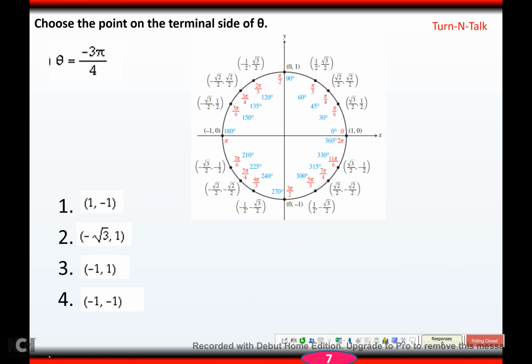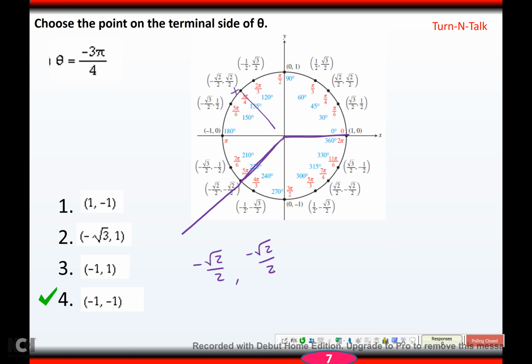Okay, do this one, hit pause, come back when you're ready. And hopefully you got negative 1, 1. So if I go to negative 3 pi over 4, here is positive 3 pi over 4, so if I reflect down, that's going to put me right here. So here's my terminal side, which has a negative square root of 2 over 2, comma, negative square root of 2 over 2.